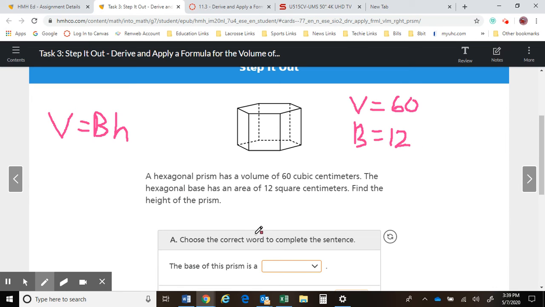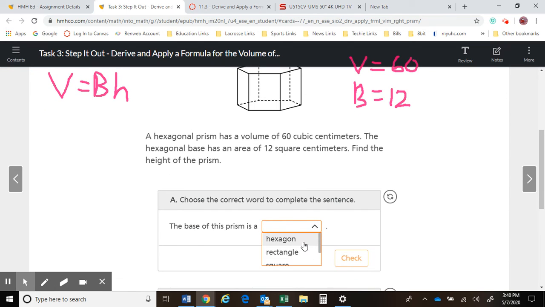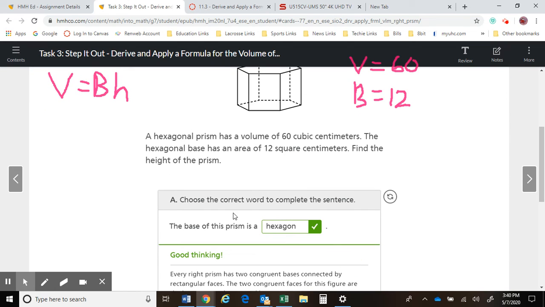Okay, all right, the base of this prism, of course, we know is a hexagon. And what are we going to do here operationally? If I fill in the numbers here, I know that 60 actually equals 12 multiplied times h.